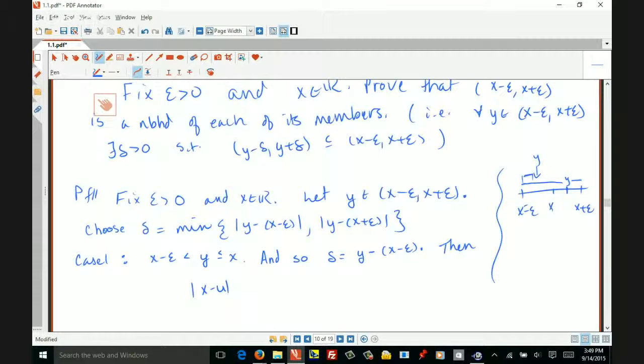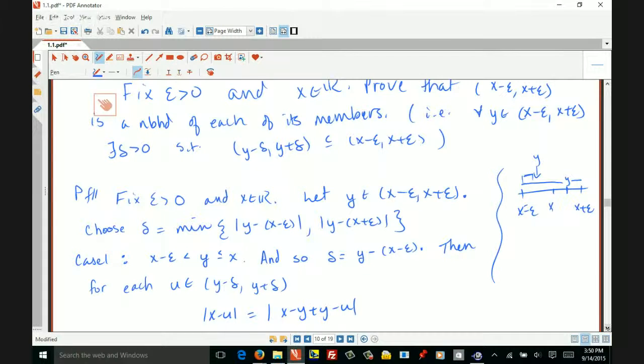We need a u. Let's get our u. Then for each u in y minus delta to y plus delta, it doesn't matter, we're going to have the absolute value of x minus u equal to x minus y plus y minus u.